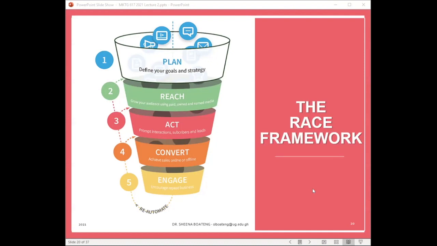Now, like I said, even though most transactions are facilitated through the online medium, not all transactions are completed online. Some transactions end up being completed offline. So when we talk about converting our audience to actual buyers of our product and service, that purchase act can take place both online and in the offline environment, right?